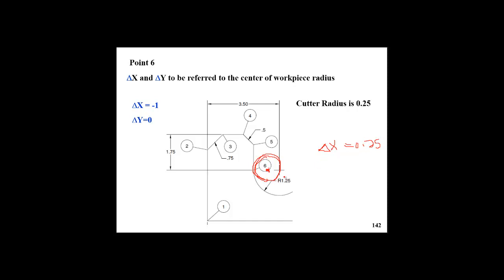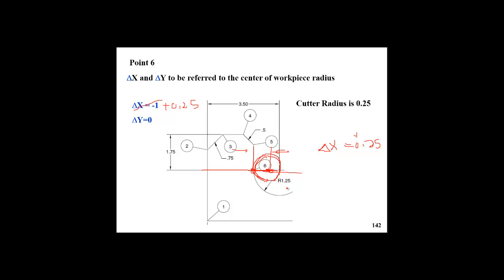And dy will be equal to 0. dx here will be positive. That one will be plus 0.25. And dy will be 0 because there is no shift between the workpiece edge and the cutter center location in the y direction. They are located on the same line, so there is no shift in the y direction, only a shift in the x direction, and that shift in the x direction equals the cutter radius.